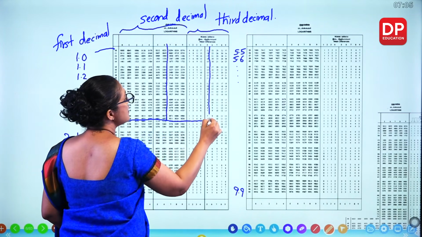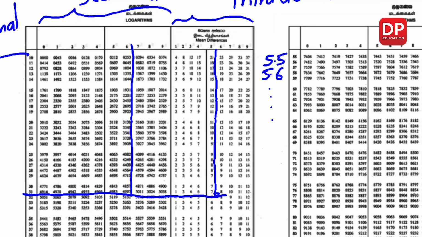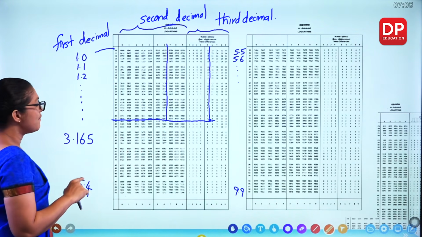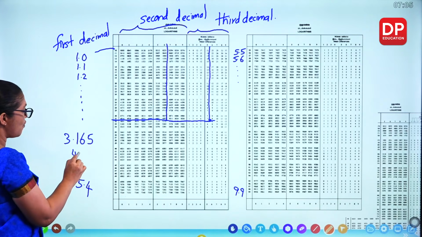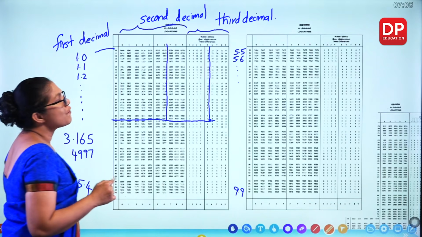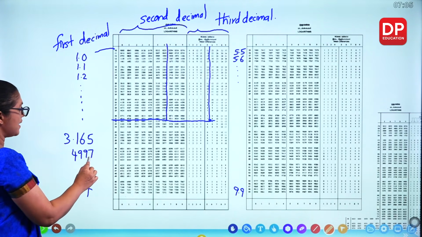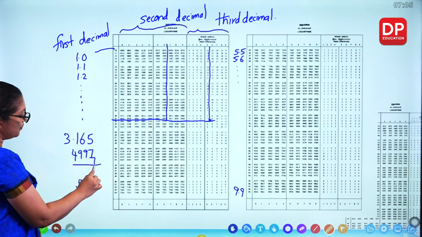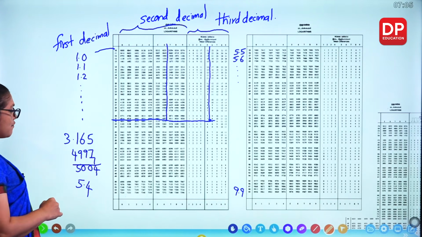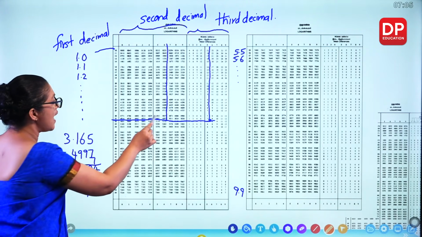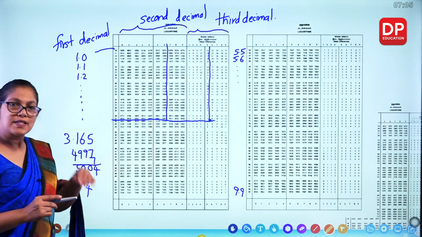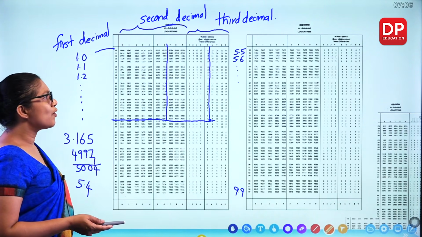So 5 is 7. So what's the logarithmic value? 4997 is for 31/6, and 7 is for the third decimal place. So you just add these two. When you add, you get 5004. That's the logarithmic value for 3.165.